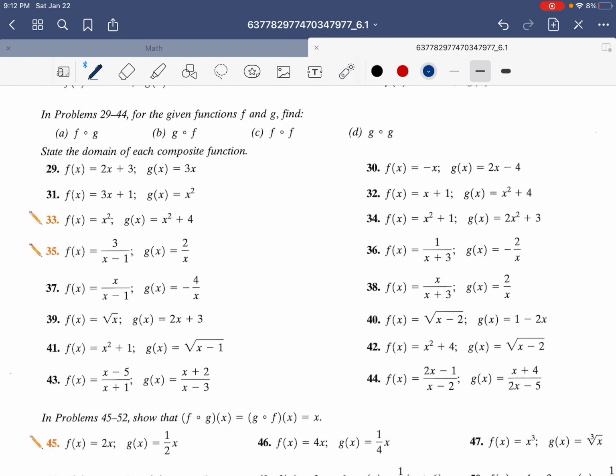For these ones, you have to find the domain. So you have to do f of g, g of f, f of f, and g of g. So let's start with f of g(x), which is also f(g(x)). So look at g, and plug it in, and then now plug it into that equation.